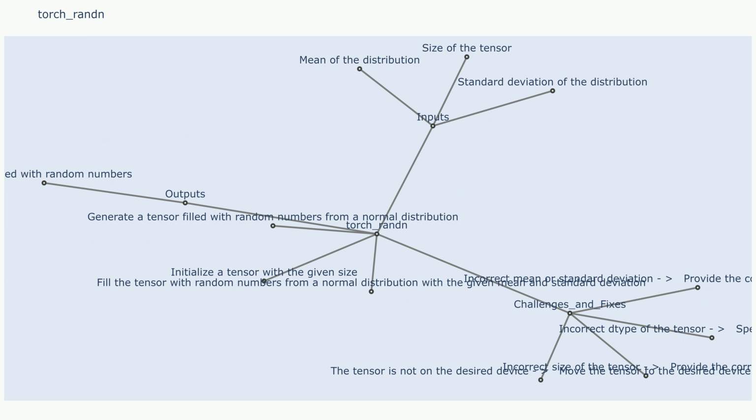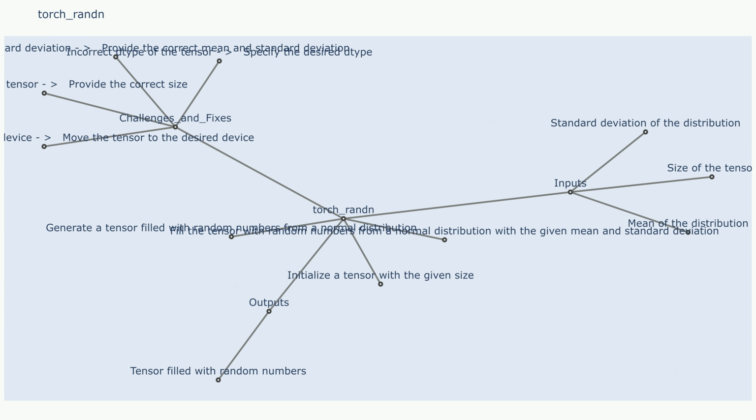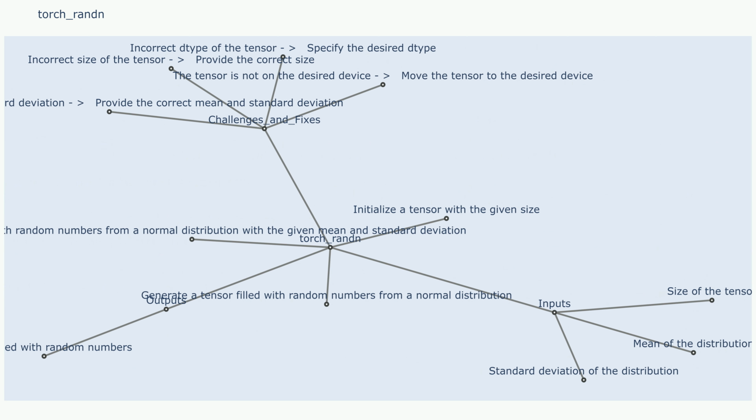Size, a tuple specifying the shape of the resulting tensor. The dimensions can be integers or lists. If not provided, the function generates a single random number, a tensor of size 1. Outputs. Tensor, a tensor of the specified size, containing randomly drawn numbers from a standard normal distribution.